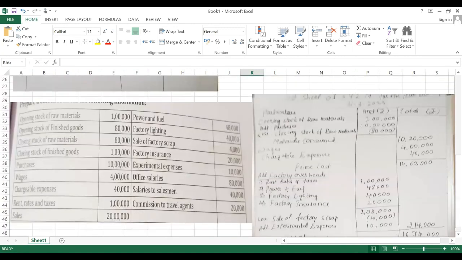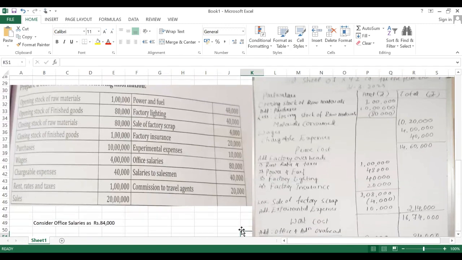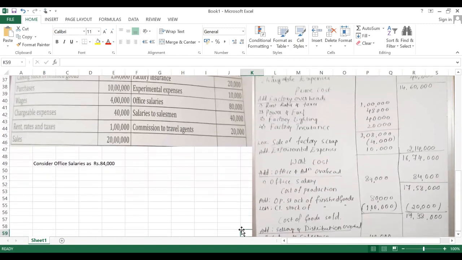In office and administration overhead, you just see office salary. Other than that, salesman commission, salesman salary, everything comes under selling and distribution. So only one thing, which is office salary, 84,000. Once you add this office and administration expenses, you will get the cost of production.